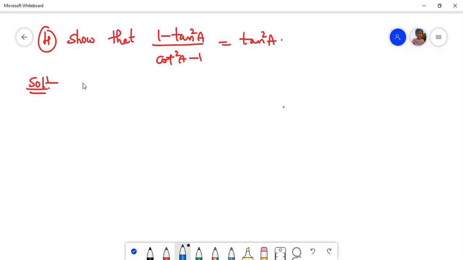What are the identities? 1 plus tan square A equals secant square A, and 1 plus cot square A equals cosec square A. Here they have given 1 minus tan square A by cot square A minus 1.